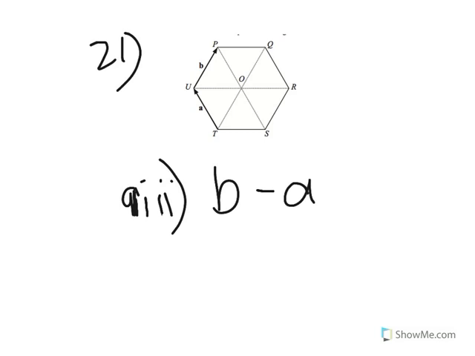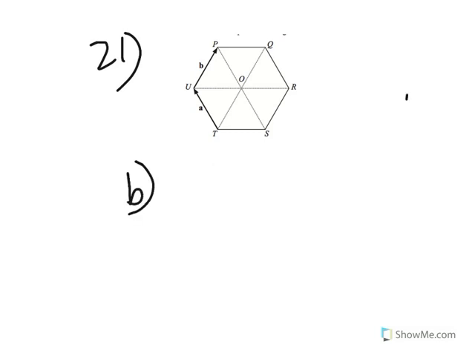Alright, so 21B. They're asking you to find the modulus of the vector UR, meaning from here to here. Modulus is nothing but the magnitude, basically the amount, so direction doesn't matter at all here. In the question, they told us that each length in each equilateral triangle is 2.5.